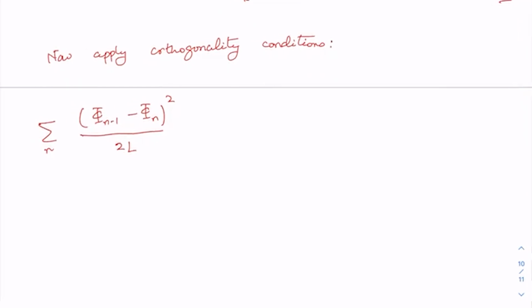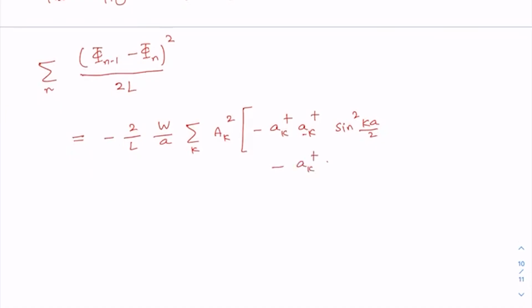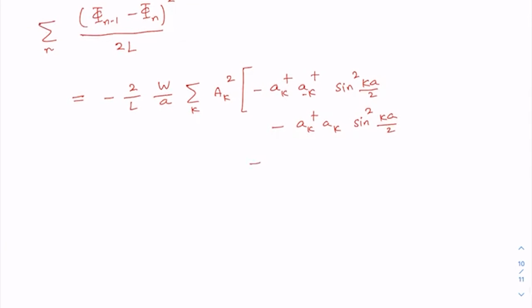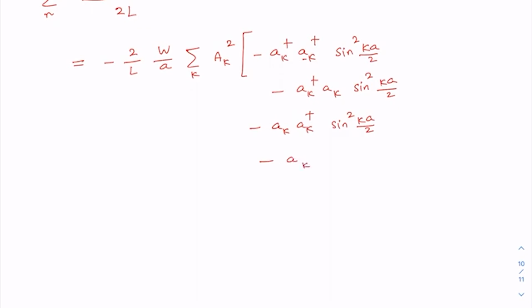So you will get minus 2 by L W by a, sum over k a_k square, and here I will have minus a_k dagger minus a_{-k} dagger sine square ka/2, minus a_k dagger a_k sine square ka/2, minus a_k dagger sine square ka/2, and you will get finally minus a_k a_{-k} sine square ka/2. So these are the terms you will get.